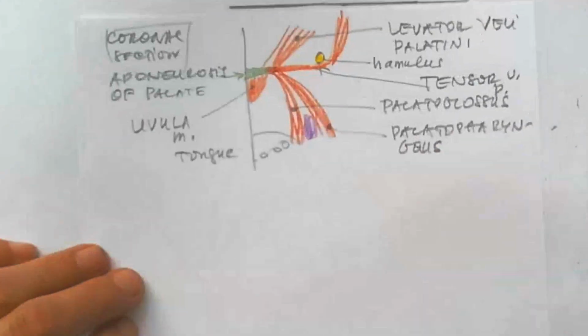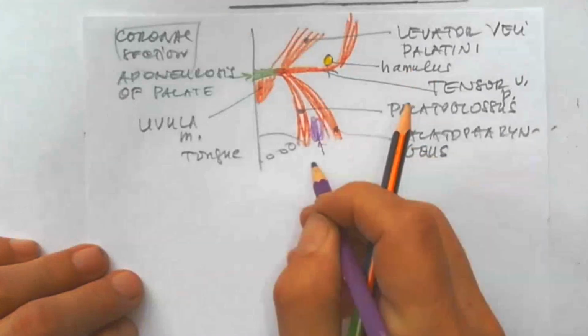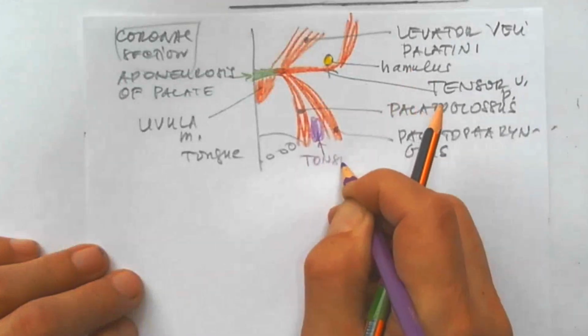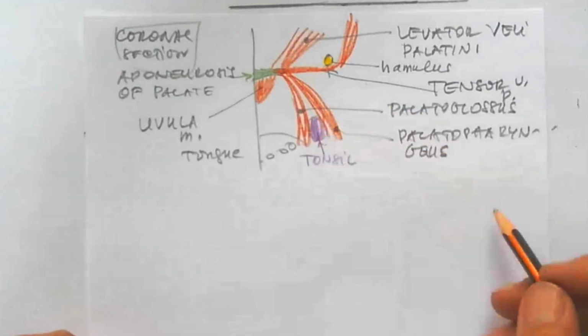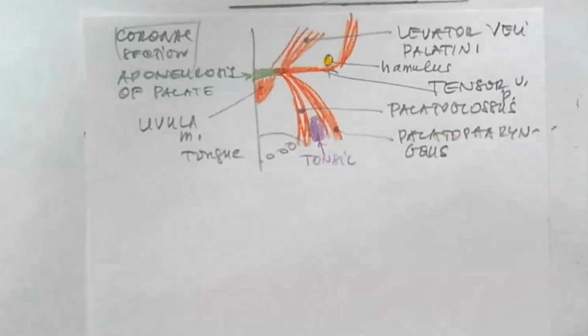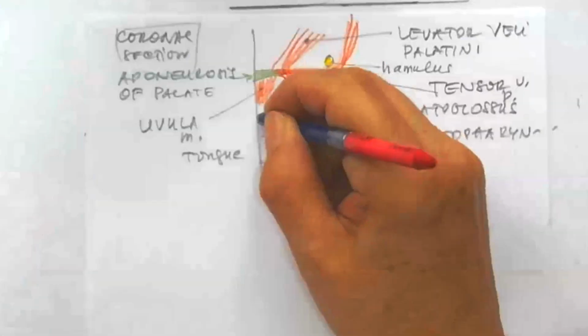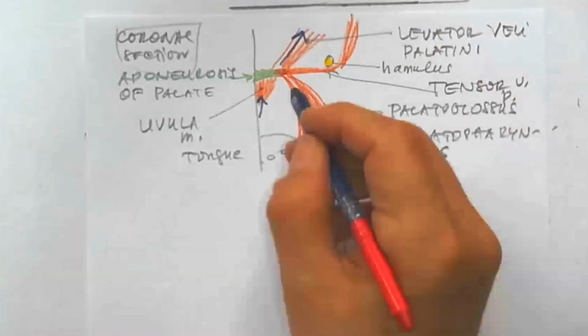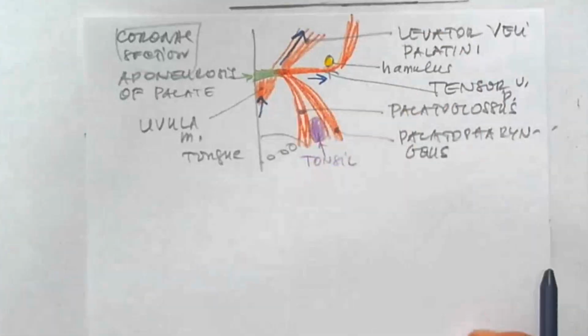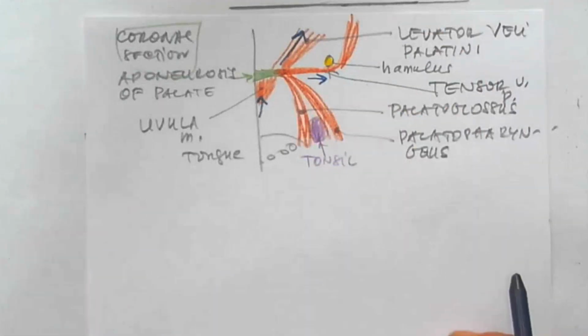In light violet is the palatine tonsil. Just put here tonsilla palatina. Fine. It lies in the depression, in the fossa. Concerning the actions: the uvula elevates the soft palate. Levator veli palatini, definitely. The tensor is responsible for increasing tension.